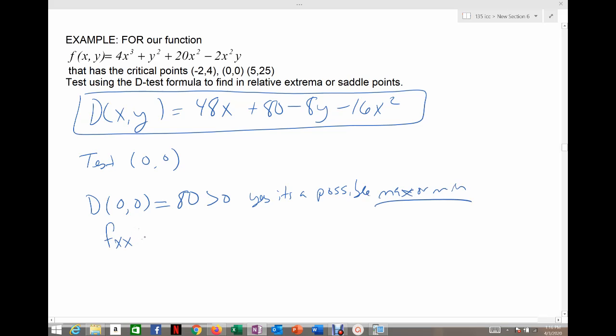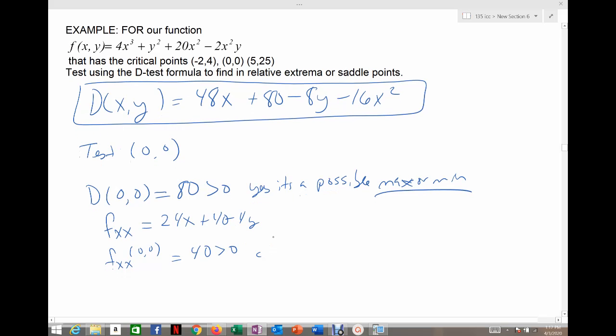Concavity. So the second derivative with respect to x, if you remember, was 24x plus 40 minus 4y. I plug my (0, 0) into that. 0's out, comes out positive 40. So positive 40 means it's concave up.